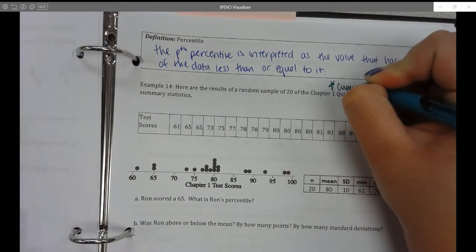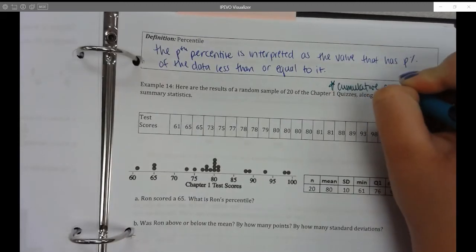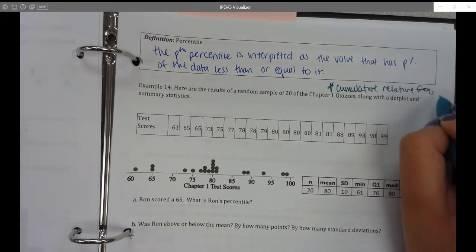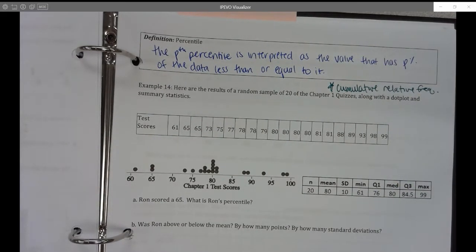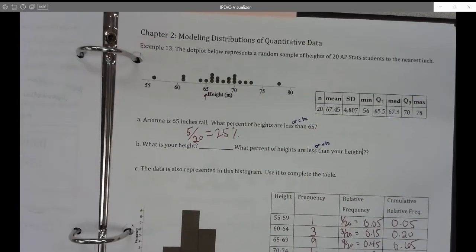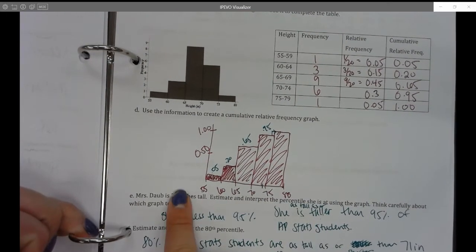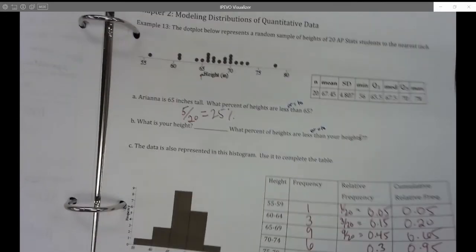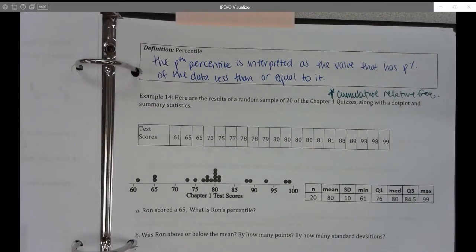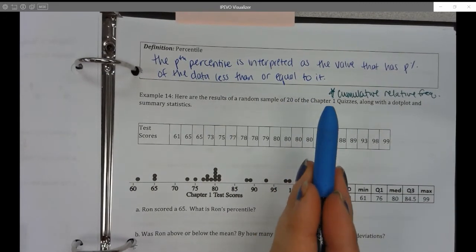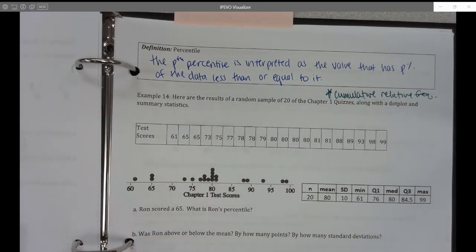That cumulative relative frequency graph is going to be really important because the cumulative relative frequency graph shows us the amount of data here or lower, here or lower, here or lower. And that's exactly what a percentile does. We're looking for that value that has P% of the data less than or equal to it.